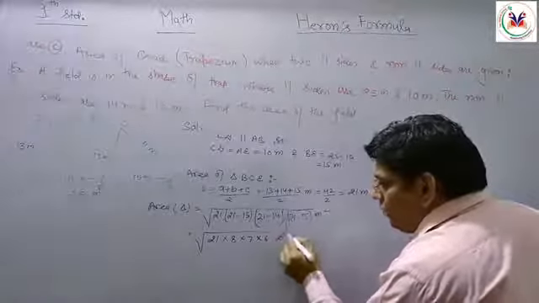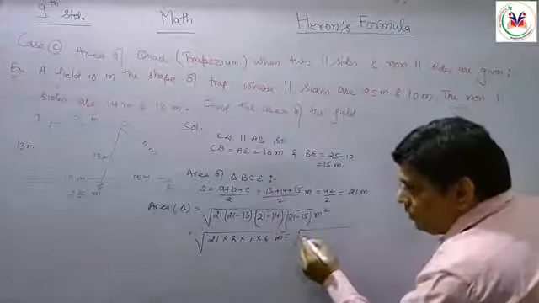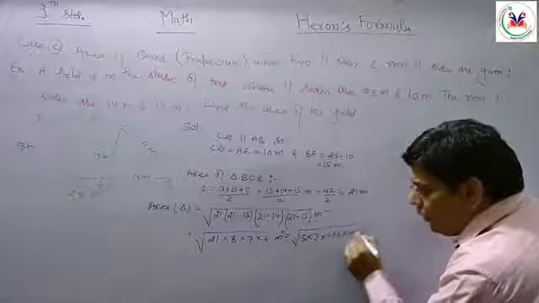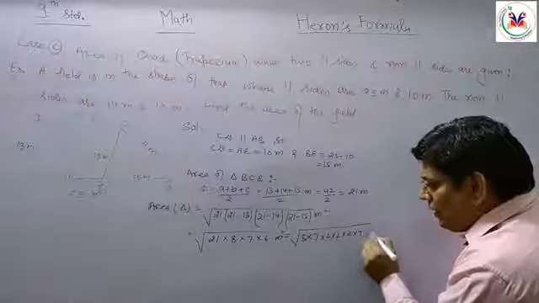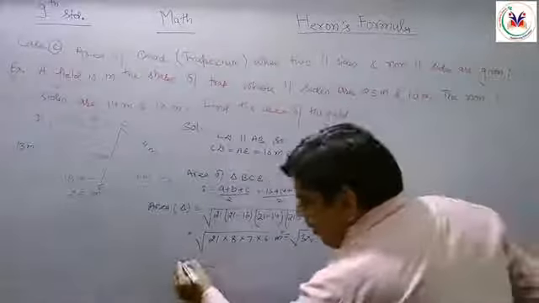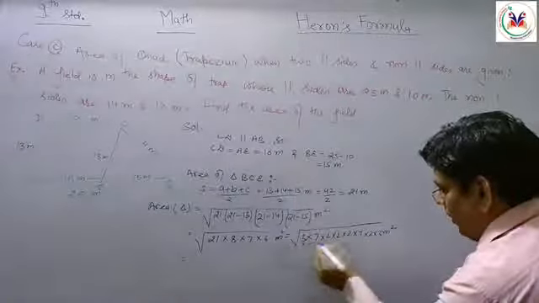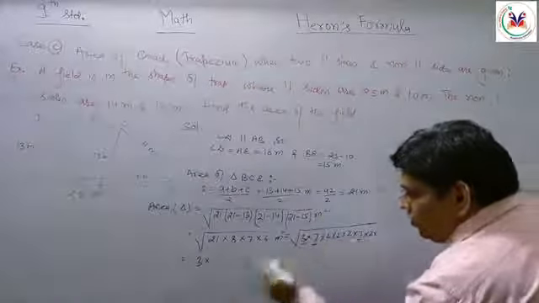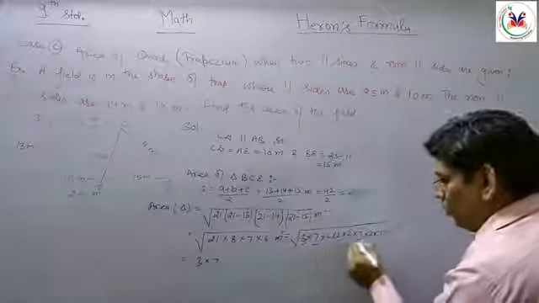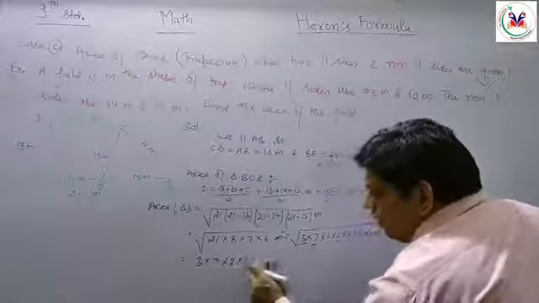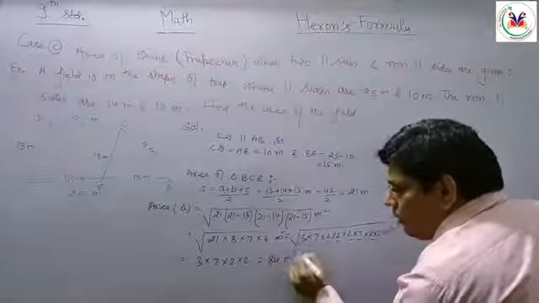Now what should we do? We should calculate the factors of these. 21 we can write 3 into 7, 8 we can write 2 into 2 into 2, 7 as it is, and 6, 2 into 3 meter square. Now we take pairs: 3 appears 2 times, so we write it 1 time. 7 also 2 times, so we write it 1 time. 2 appears 4 times, so we write it 2 times. 21 into 4 is 84 meter square.